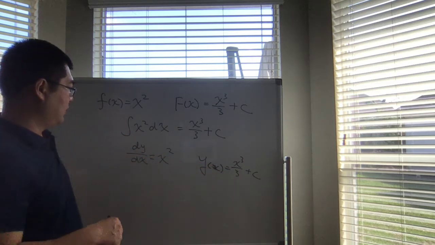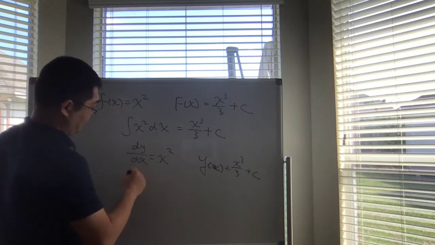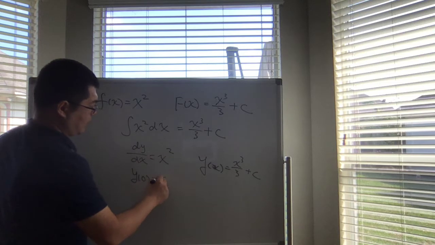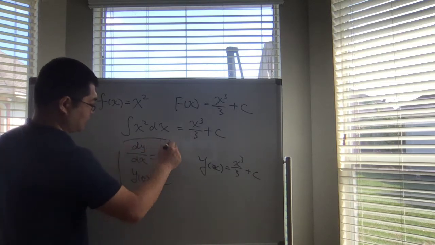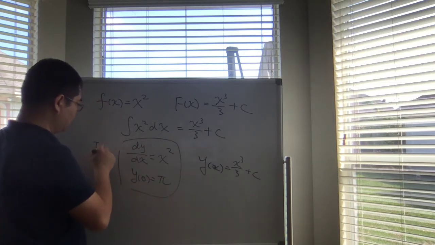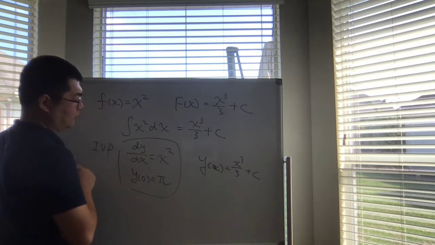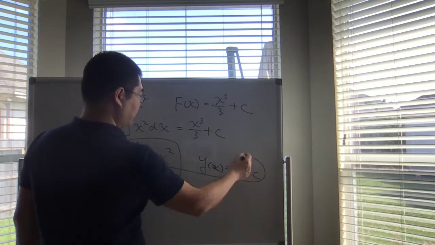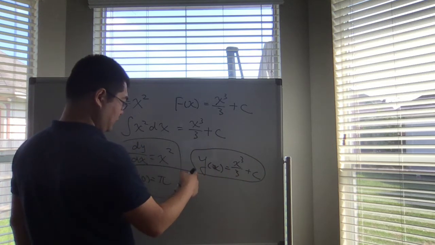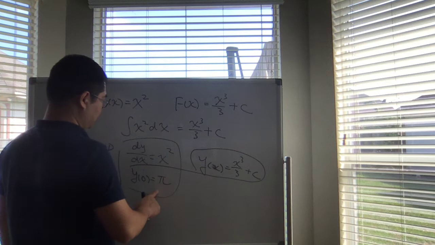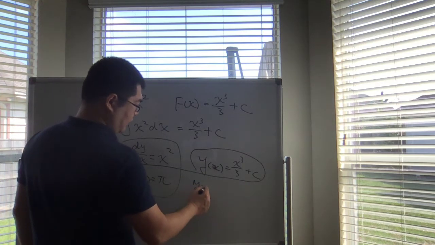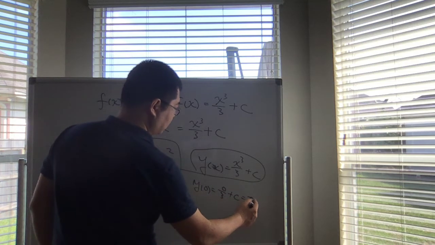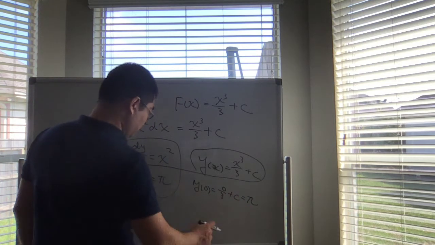Okay. And if I, let's see, put y(0) equals pi, this is going to form an initial value problem. Okay, and this is the general solution only for this piece. With this initial condition involved, you can easily figure out what c is, which is c equals pi.